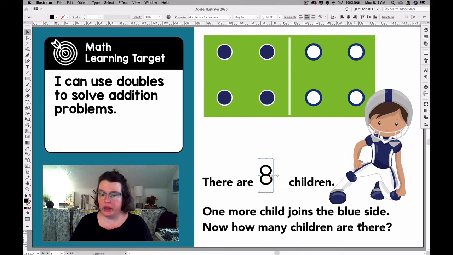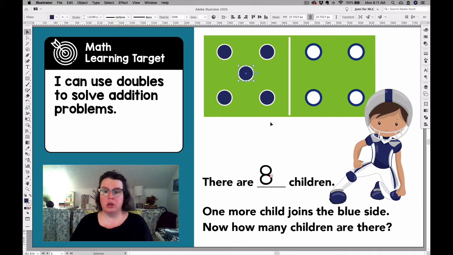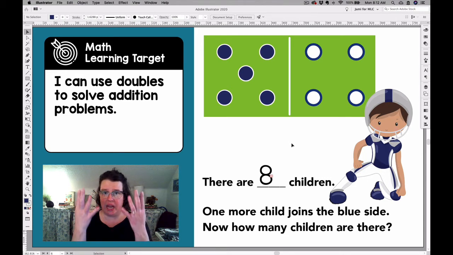One more child joins the blue side. Now, how many children are there? So I'm going to add another child to the blue side. Now, I can stop and I can count each child again to see how many I have. But that would take a long time. I know that we had 8, and I know that we just added 1.